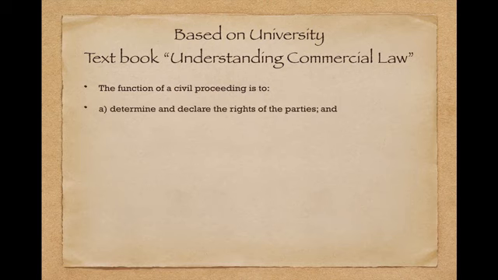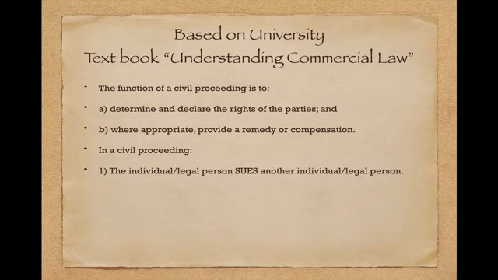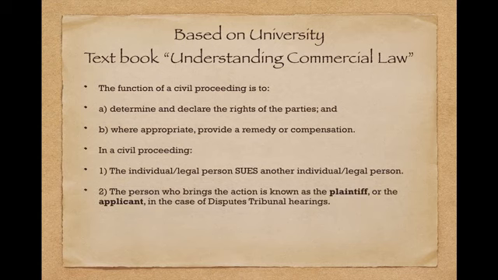The function of a civil proceeding is to determine and declare the rights of the parties and, where appropriate, provide a remedy or compensation. In a civil proceeding, the individual legal person sues another individual or legal person. Now, just want you to dwell on that because we'll come to this in a minute or two.